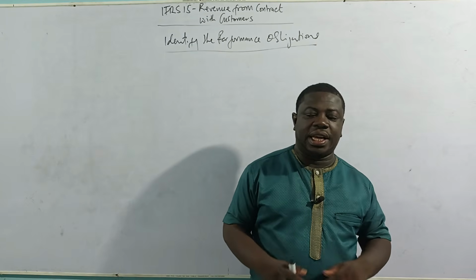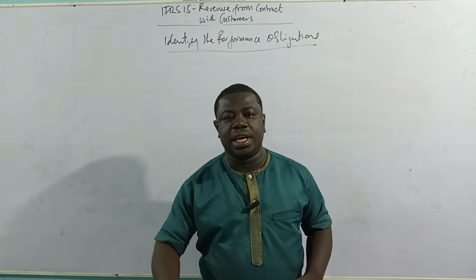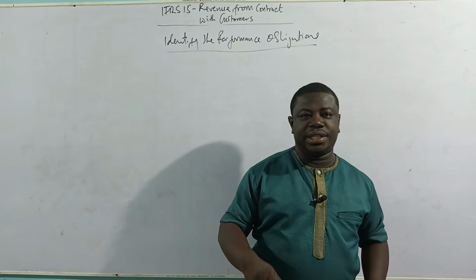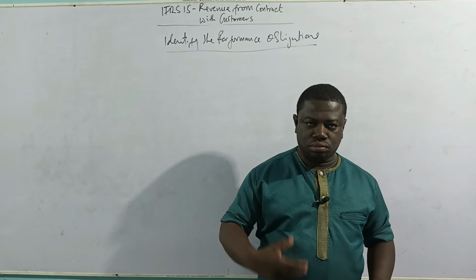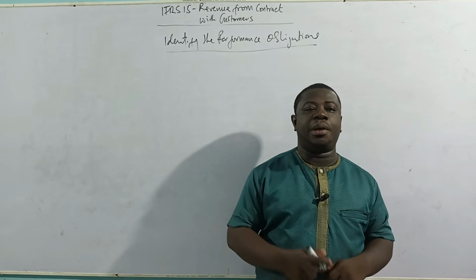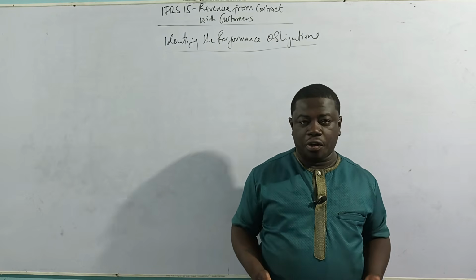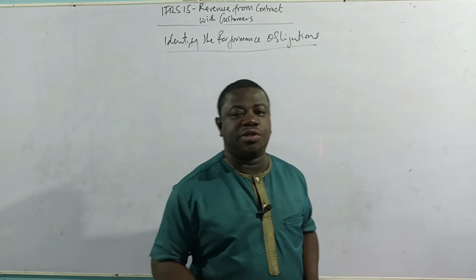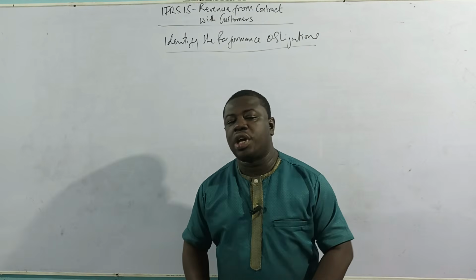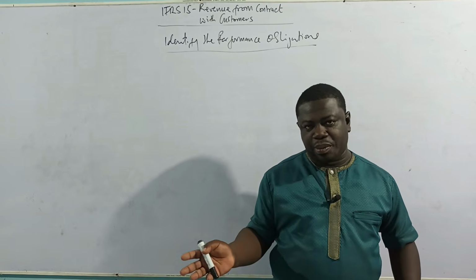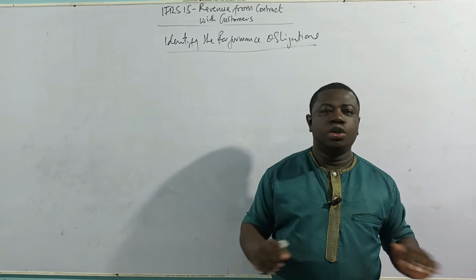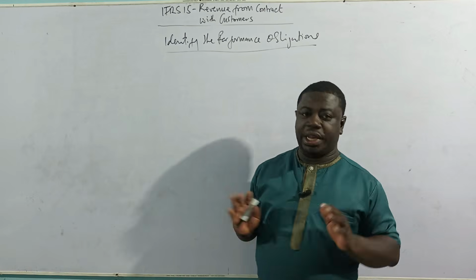All that you need to understand is that at the inception of the contract, the parties or the entity must assess the nature of the contract to determine the performance obligation of the entity. And so the performance obligation could be to transfer goods or a series of goods and maybe to perform other services. So there is not much to talk about with the second point.